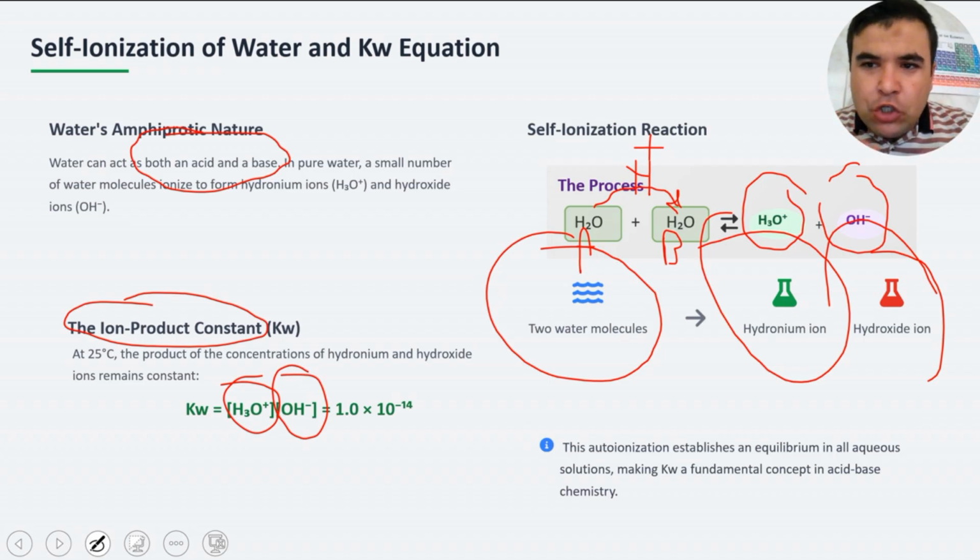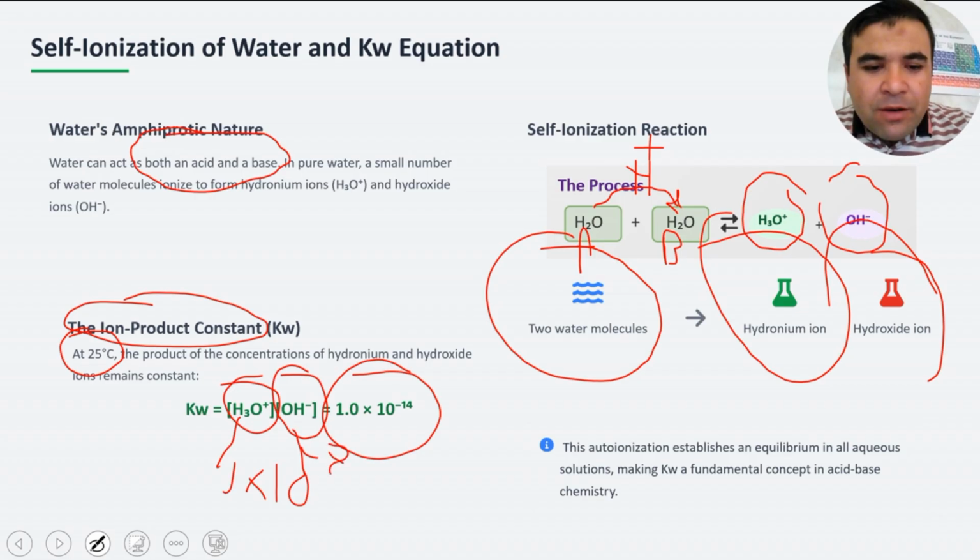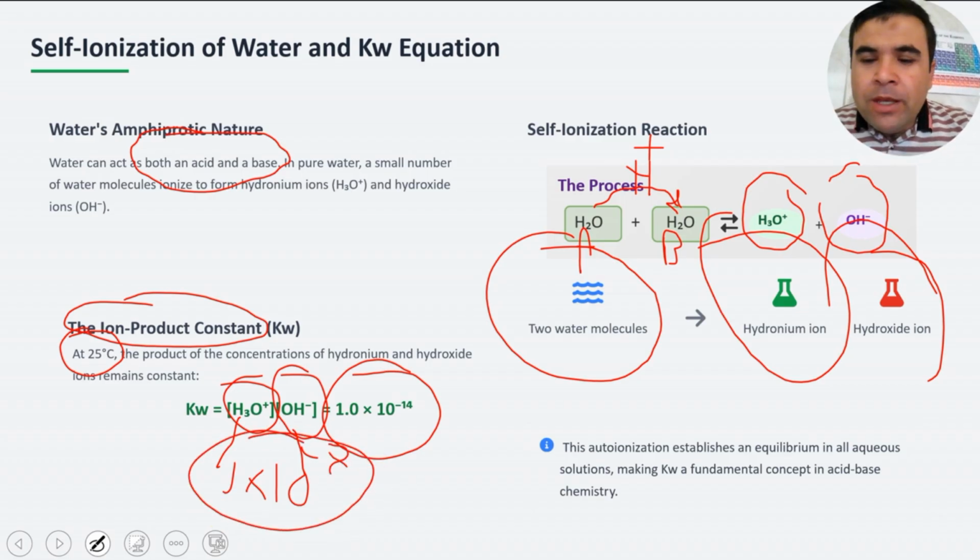As the ionization degree increases with increasing temperature, as we'll discuss in the relations with temperature, that is going to increase the Kw value. At 25 Celsius, we should know that the Kw value is equal to 10 to the power minus 14, and the hydronium and hydroxide individually are equal to 10 to the power minus 7 molarity. This is at 25 Celsius. This value can change and vary according to different temperatures, guys.